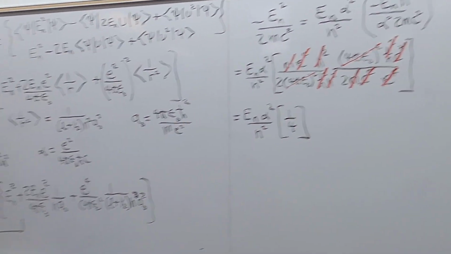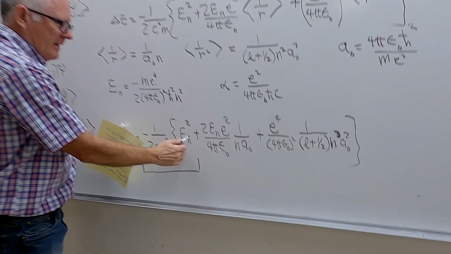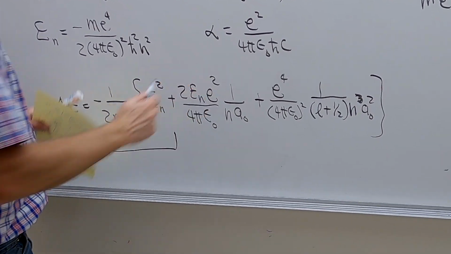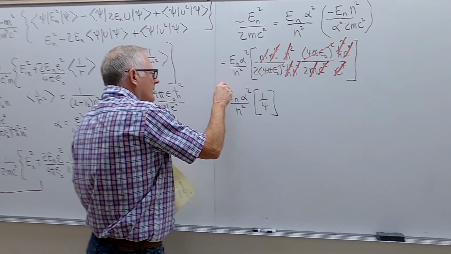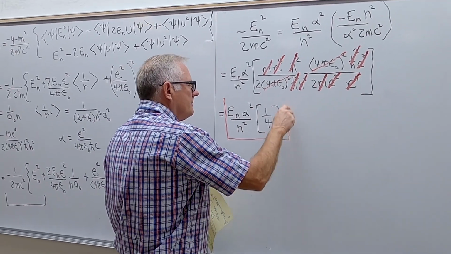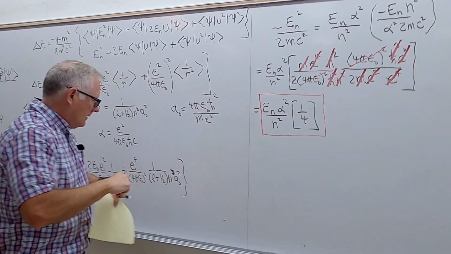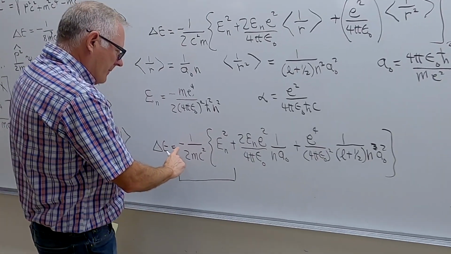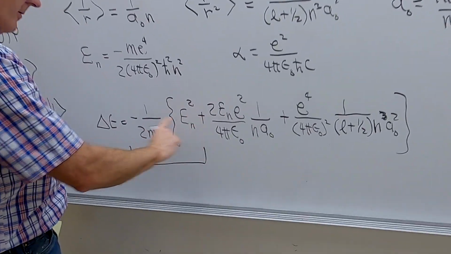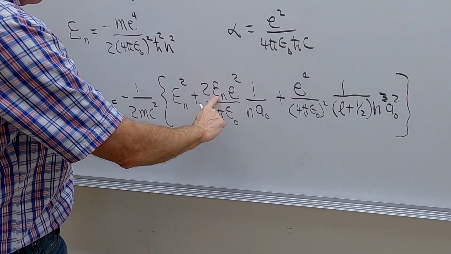Okay, so I've handled the first term right there. Now I want to handle the next term right here. So let me box this in. There's the first term. Now the second term is a minus 2 e sub n.